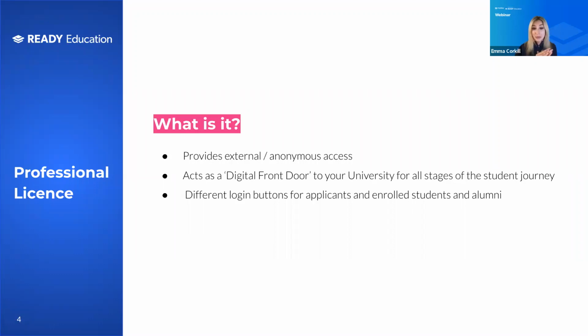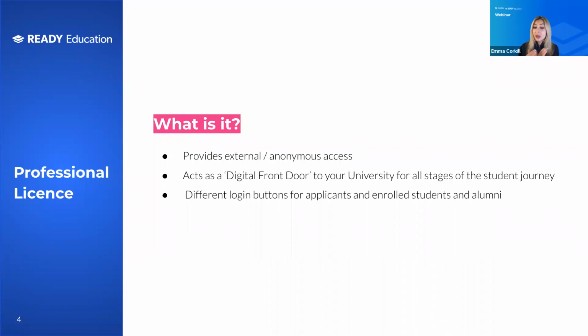Therefore, it means at whatever stage of the student journey, whether it be prospective, pre-enrolled, full-time enrolled, or alumni, the same system is used, acting as a digital front door to your institution, where you can go for all information. You achieve this by having different login buttons on a welcome dashboard that students can click and access personal information depending on whatever stage they're at in the journey.